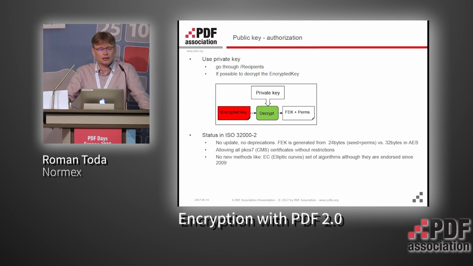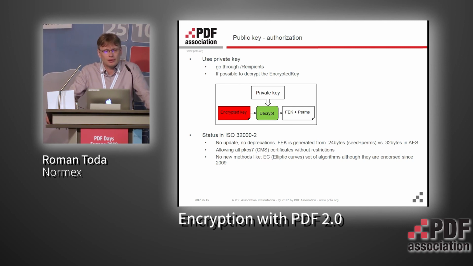Also, we are allowing in PDF 2.0 all PKCS7 certificates without restrictions. I'm not any cryptographic expert, but there are several certificates considered to be weak out there. We probably should call them out of scope or deprecate them.